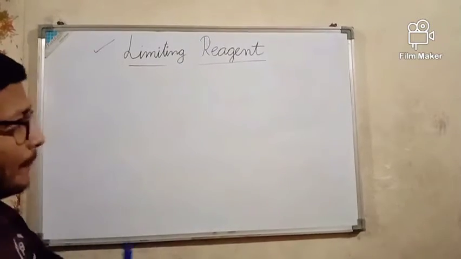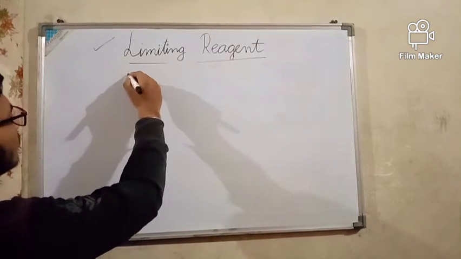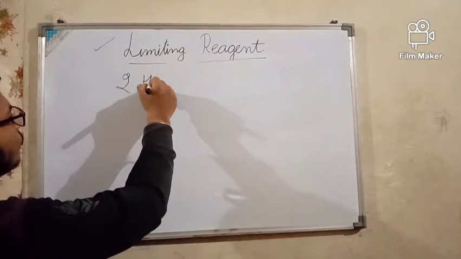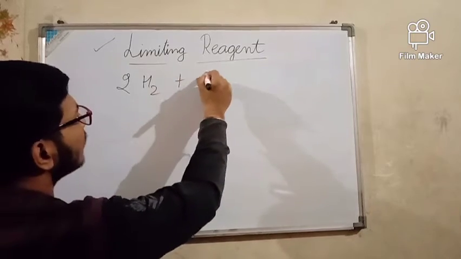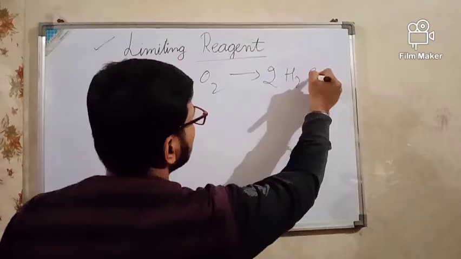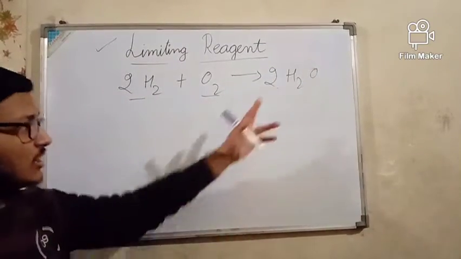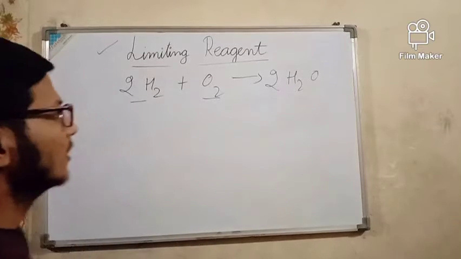Now we will apply the same concept to the chemical equations. We know that for the preparation of 2 moles of water, we need 2 moles of hydrogen and 1 mole of oxygen to form 2 moles of water.